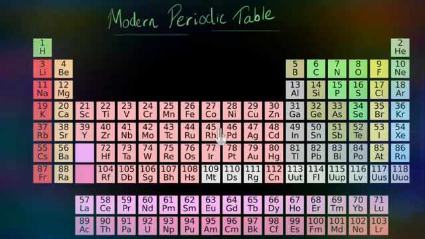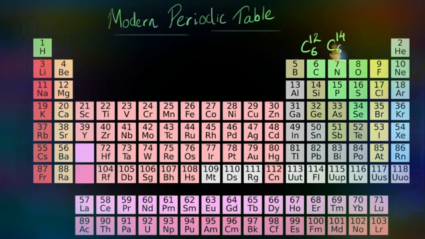So that got settled. Next thing was the position of isotopes. See, isotopes are basically atoms of the same element, but they have different atomic masses. For example, one atom of carbon has 12 units of mass and the other atom of carbon has 14 units of mass. So if you arrange the atoms according to the old periodic law, you will place them in separate positions because they have different atomic masses, right?